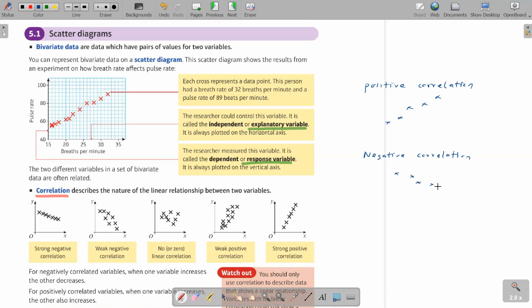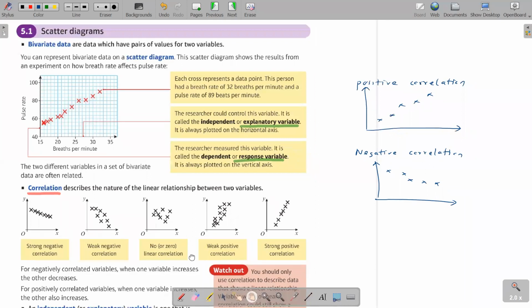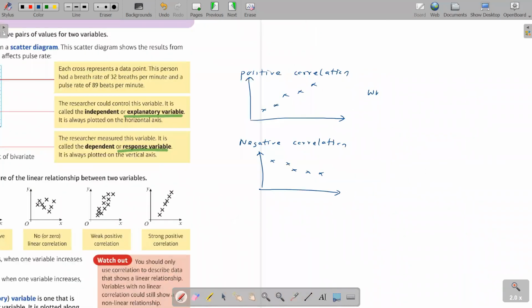Right, guys, are you with me? So you need to understand in positive correlation what happens when x increases. When x increases, y also increases. When one variable is increasing, the other one is also increasing.